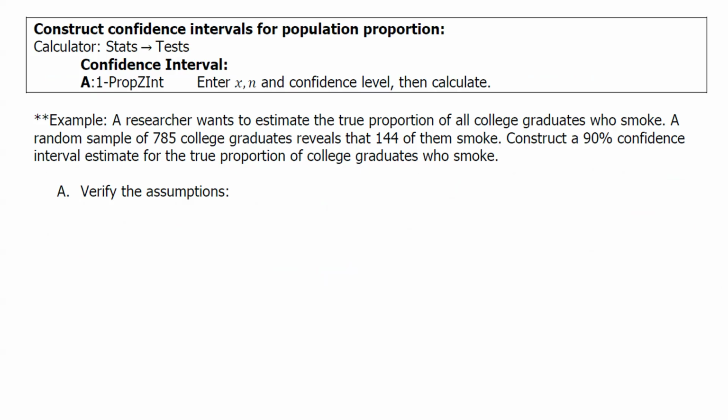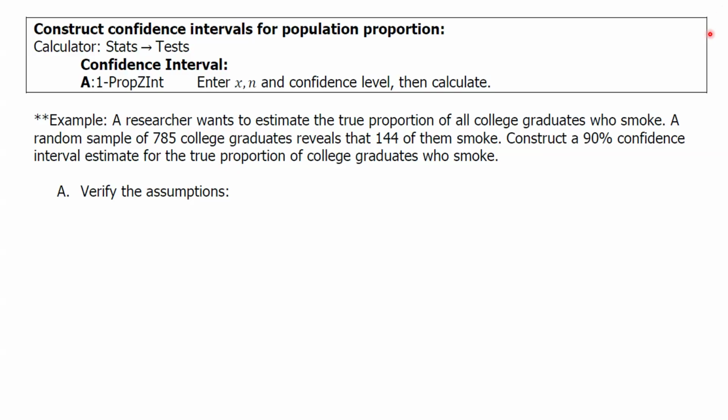Okay, so how to construct a confidence interval for a population proportion. Our calculator can construct confidence intervals for population proportions when we enter in an X and N into our calculator.